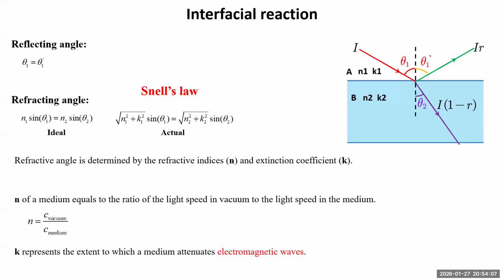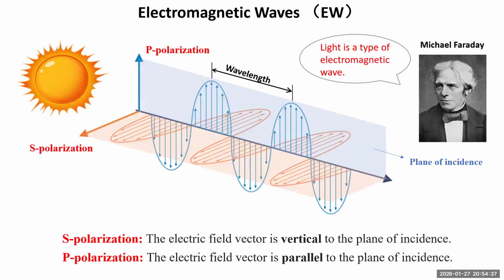In fact, in the actual world, when we need to calculate the refracting angle, we usually need to consider an additional extinction coefficient, which represents the extent to which a medium attenuates electromagnetic waves. But why is it related to electromagnetic waves? Michael Faraday gives the answer.